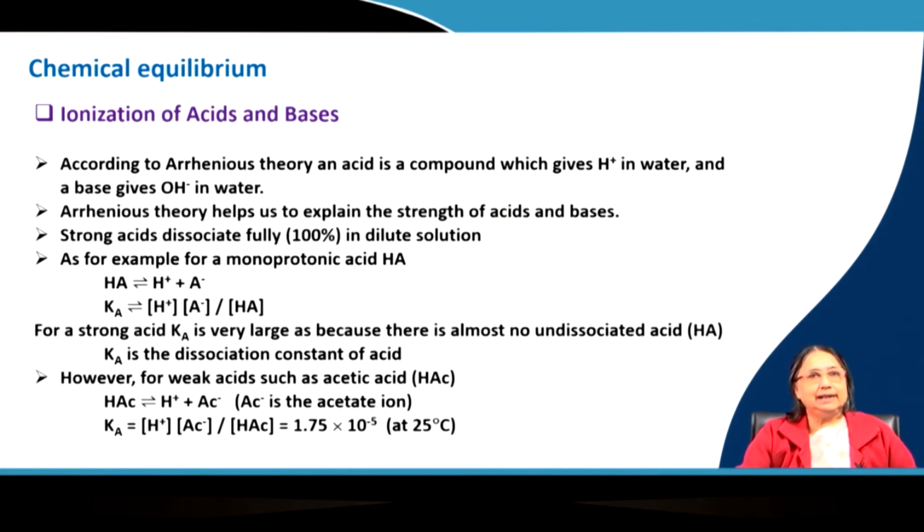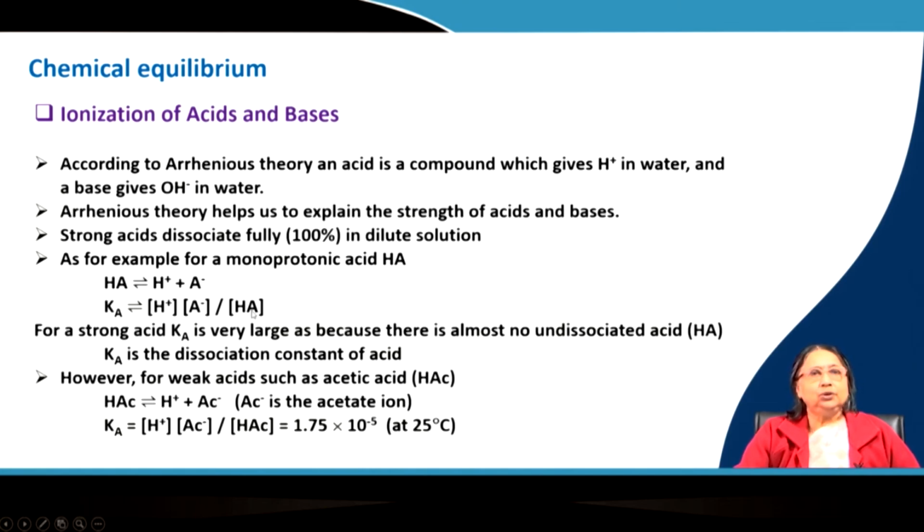Strong acids, we know, are fully dissociated, 100% dissociated in dilute solution. For example, HA, a monoprotic acid, gives H plus ion and A minus ion, and in the case of acid dissociation we always write Ka, which is H plus ion concentration into A minus ion concentration by the concentration of HA.